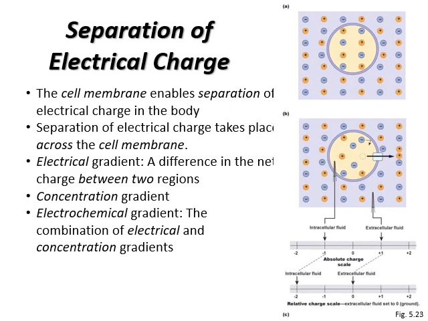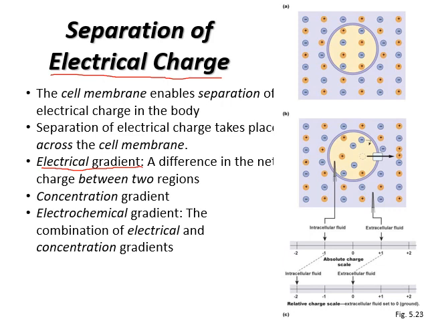So we got several things at play. What we see is we have an electrical gradient. We have a difference in electrical properties from the outside to the inside, and we can do this because we have the cell membrane. It allows separation of charge, and it allows us to create this electrical gradient. As we see, it's more negative inside than it is outside.